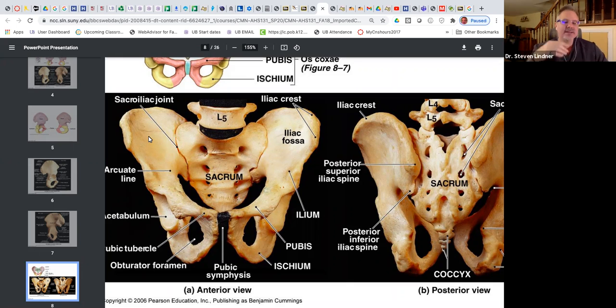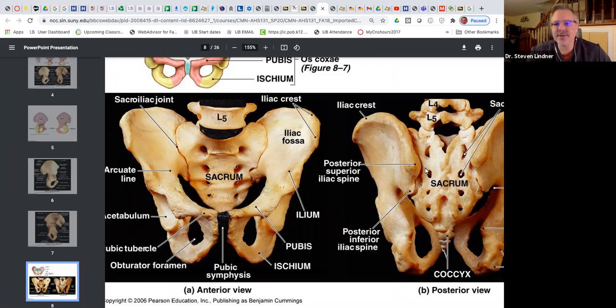The iliacus is a primary hip flexor, right? If you want to lift your hip up so that you can climb stairs, that is the responsibility of the iliacus. So there's the iliac fossa. The top of the ilium is the iliac crest. Right here is the ASIS, and then down here, the AIIS.